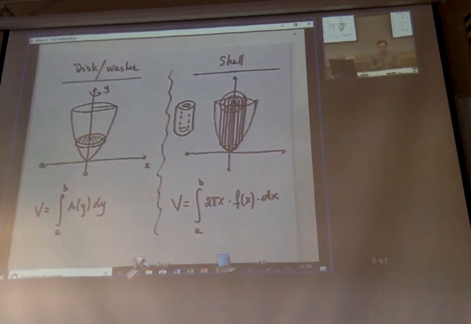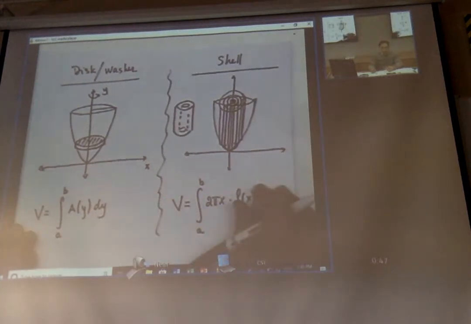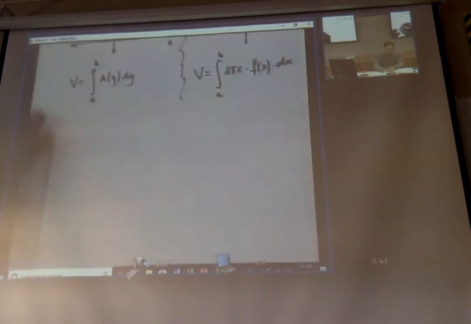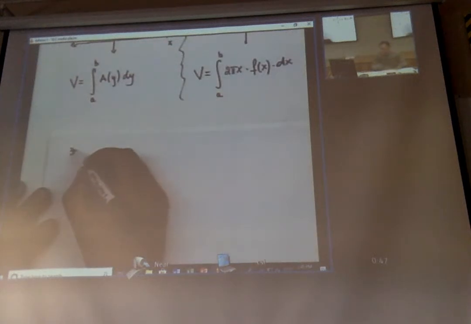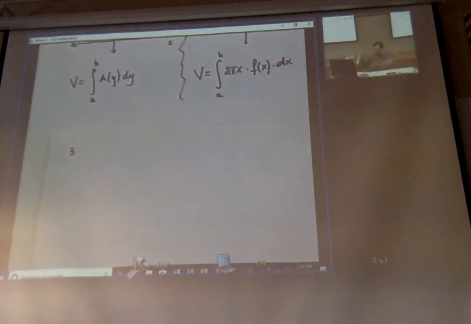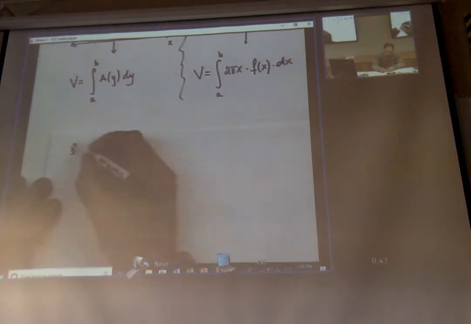So now let's go back to the previous problem and use the shell method just to see the difference. For number 3, no, that's my number 3. What is yours? 5, right? This will be 5.